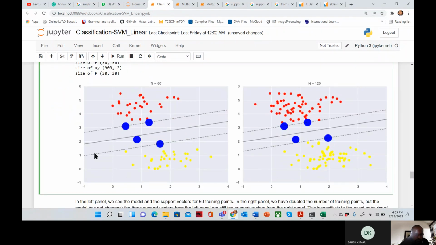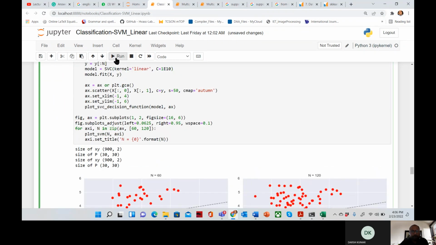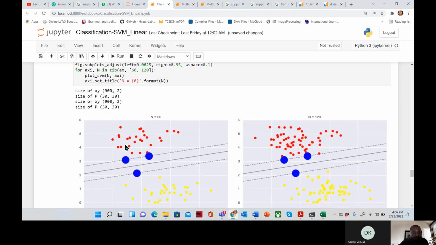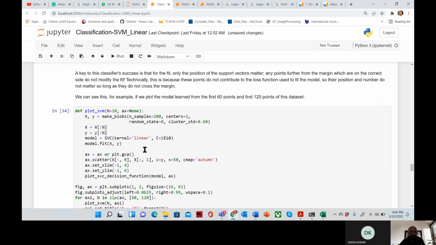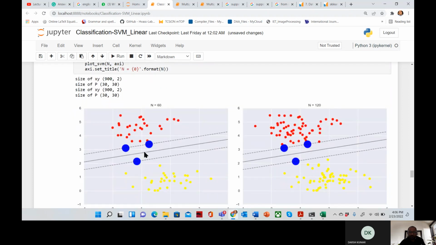You can see the decision boundary is from around 1 to 3. Now let us check. I think whenever we are decreasing C, it increases this decision boundary. Am I right? Yes sir.